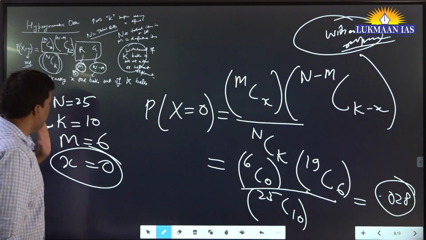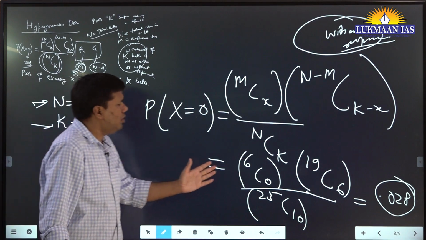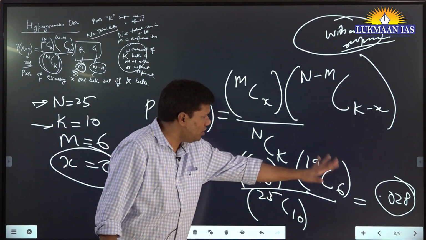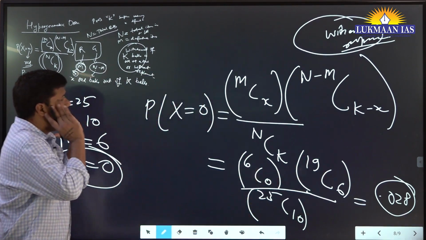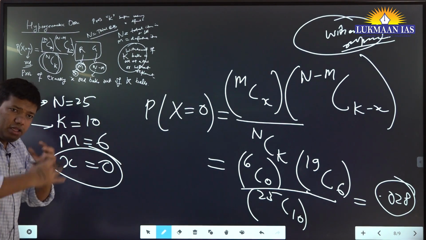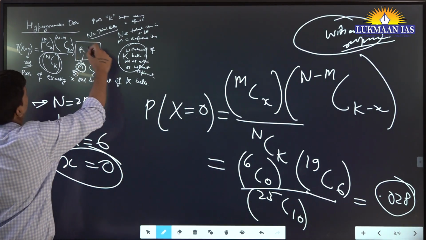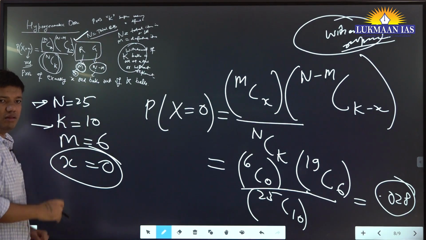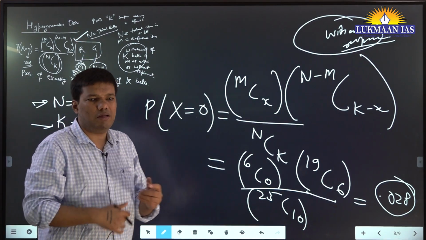And you will write this formula. Now, this calculation anyone can do. But whatever question you get in the examination, molding that question according to this formula, that is the key. And that comes through practice.